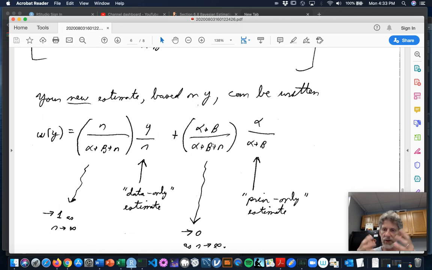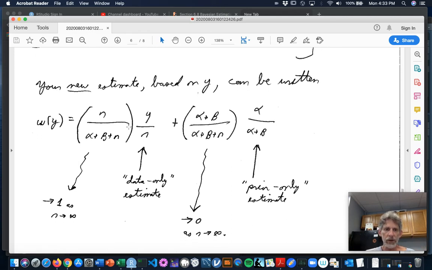It's paying attention to both the prior and the data. Notice also, as the number of shots you take goes up, and the more data you get from her, the closer that fraction is going to get to 1, and the closer this fraction is going to get to 0, because you're not changing the alpha and the beta. The n's changing here as n goes to infinity.